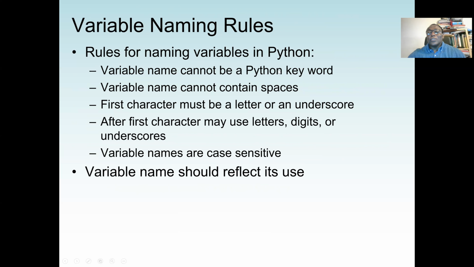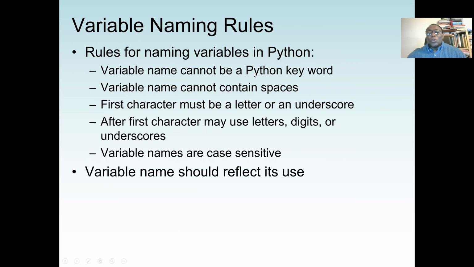Now, if P is uppercase, I can use it because Python doesn't understand uppercase Print. So a keyword is any word that is understood by Python. For example, I cannot declare a variable and name it for, because Python understands that for means a for loop or while.